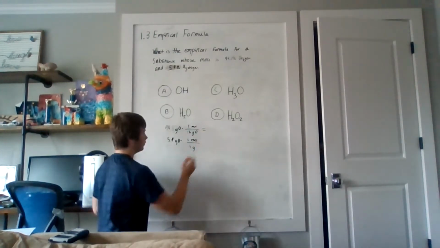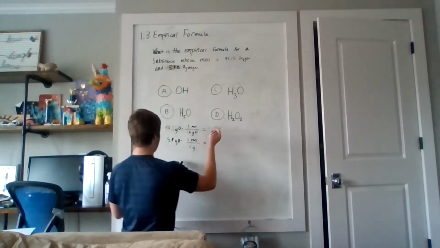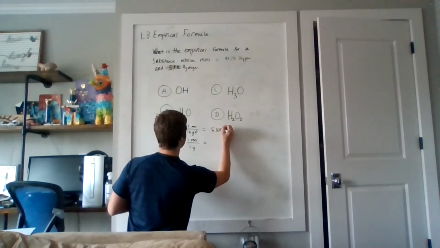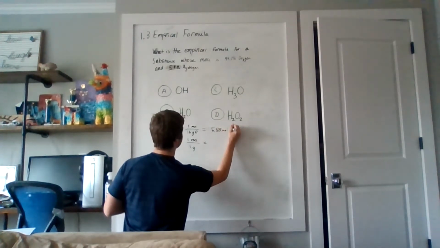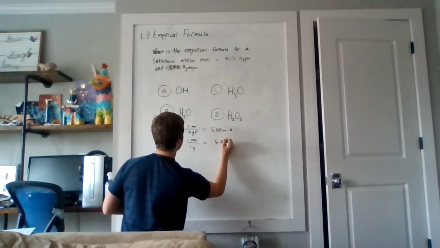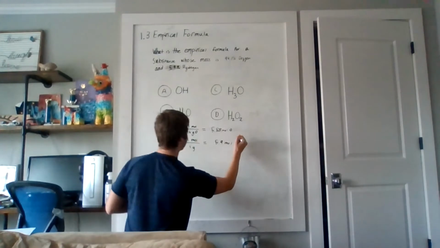And we get ourselves 5.88 moles of oxygen and 5.9 moles hydrogen.